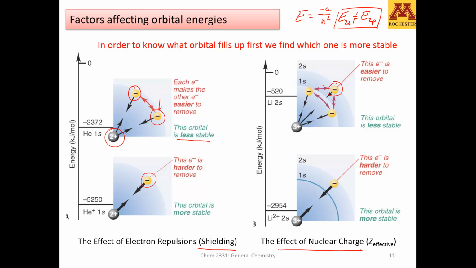Because if this charge is specifically +3, but there is some shielding because of the presence of these electrons screening the positive charge, the effective nuclear charge is what charge this electron effectively feels. Well, it'll be something lower, something less positive. And as we said, because there's more shielding, this 2s orbital will be less stable.